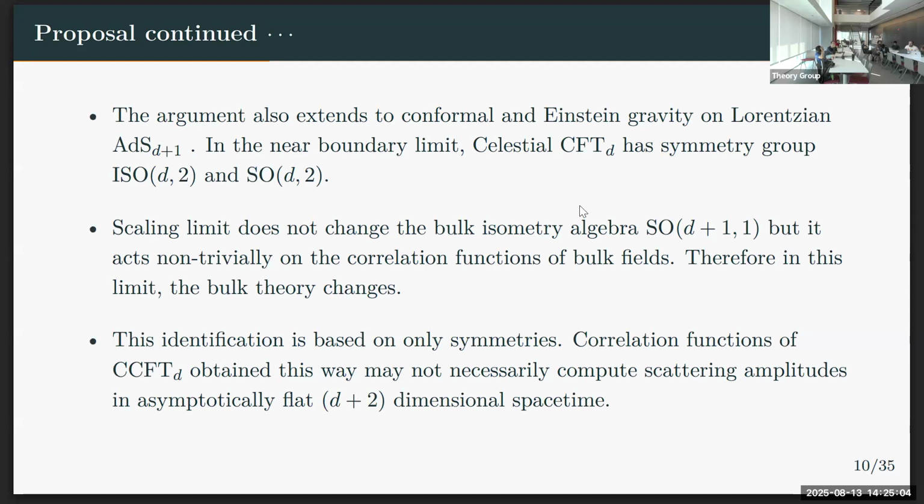So you are sort of limiting yourself to some small strip near the boundary of Euclidean AdS, and you are working within that strip.